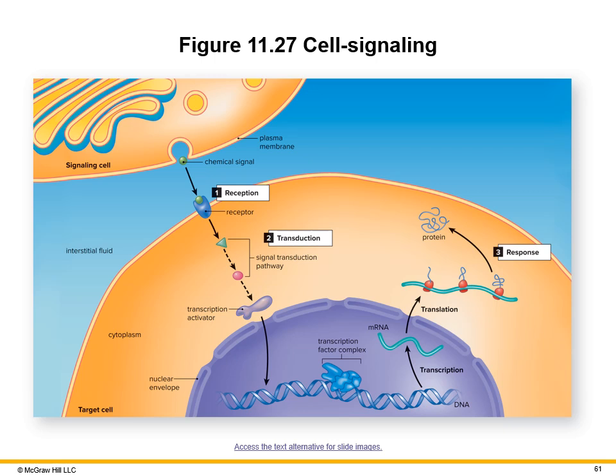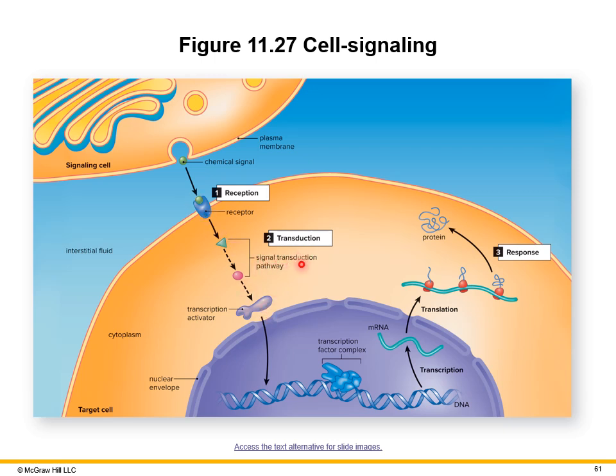So here we see a diagram of cell signaling. We have the receptor here in blue and the chemical signal, the molecule, in green. The chemical signal molecule is going to bind to the receptor on the plasma membrane of the target cell. And this produces a signal transduction pathway. Signal transduction means the propagation or the traveling of the signal.